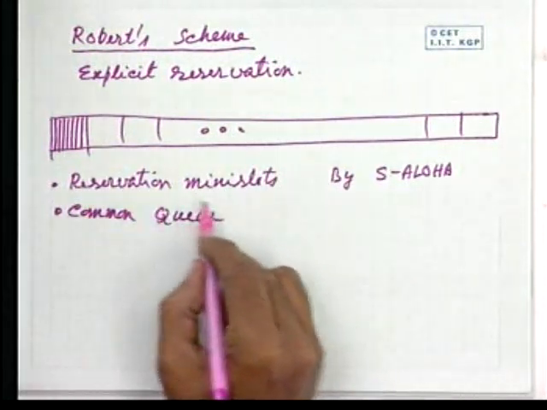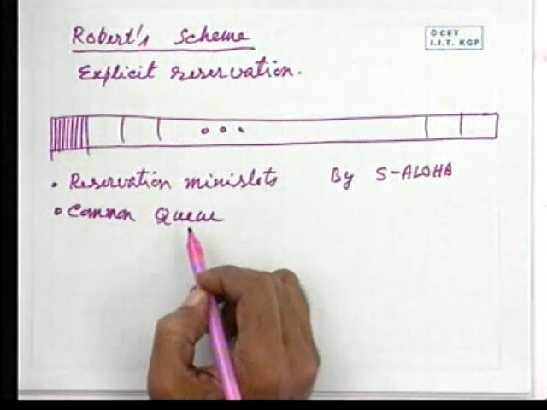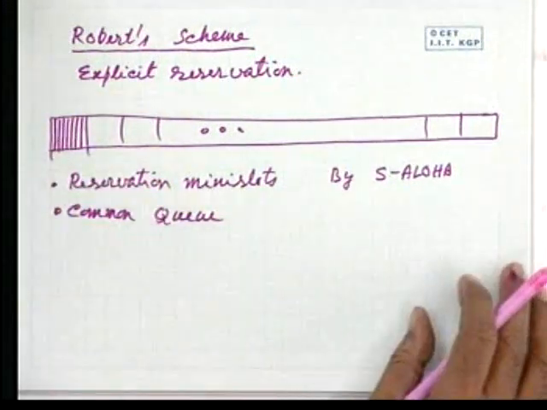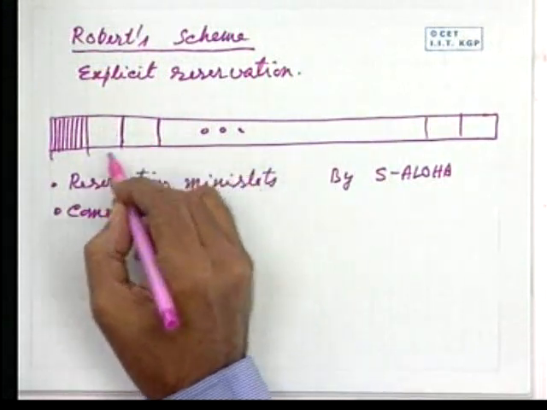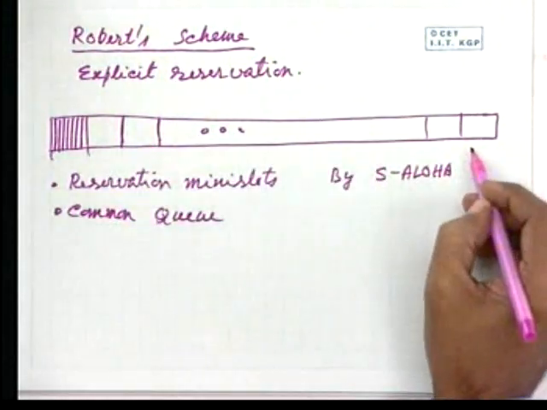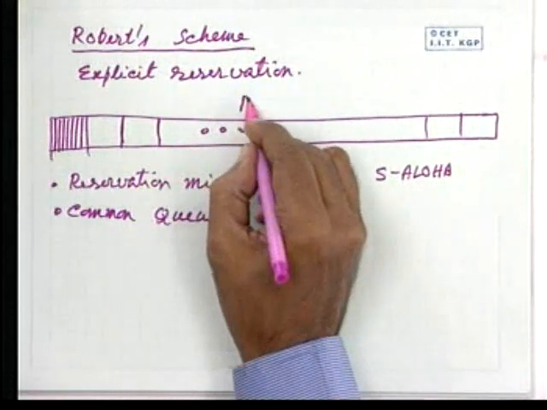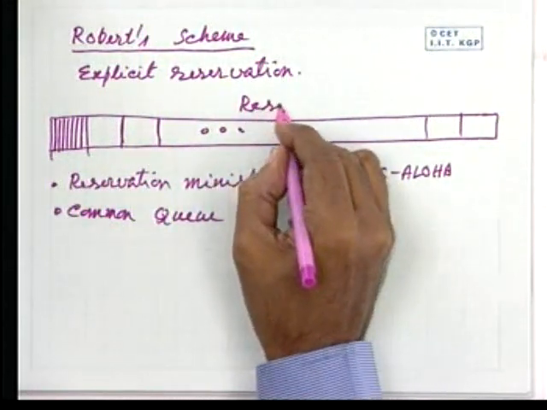And by looking at that common queue in these reservation mini slots, the remaining part of the frame is booked.